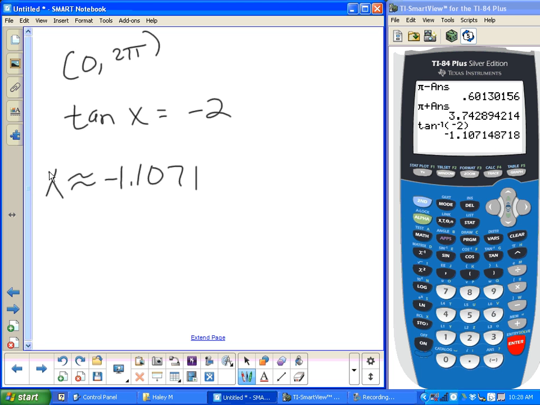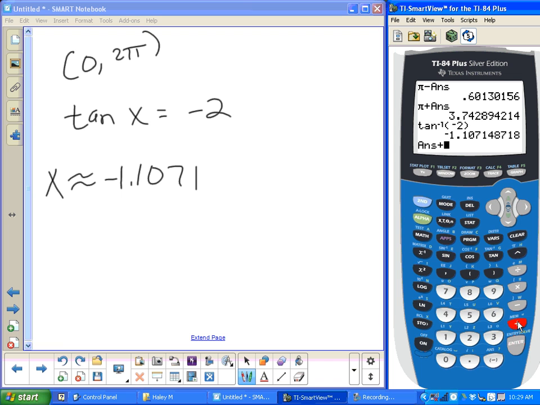Just add pi or 2 pi. Because tangent, you could add pi or 2 pi. It could be either way, because 2 pi is just a multiple of pi, isn't it? So what do y'all want to add to it? Just add pi? Okay, so let's take this number and let's add pi to it.